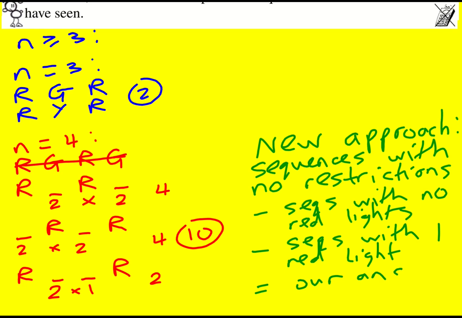Okay, we'll be left with all the sequences with 2 or more red lights.